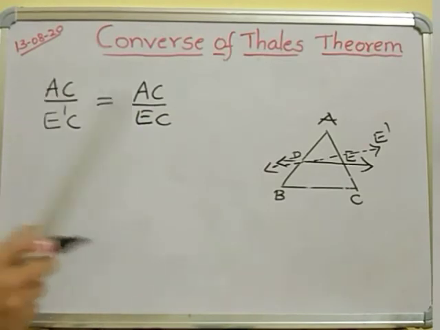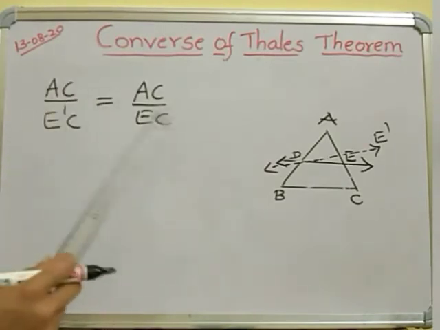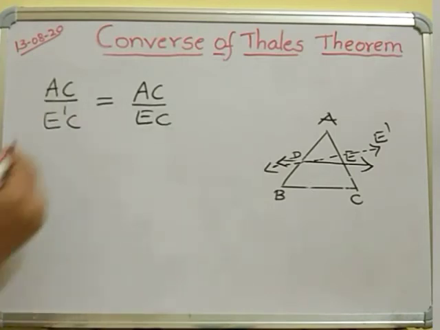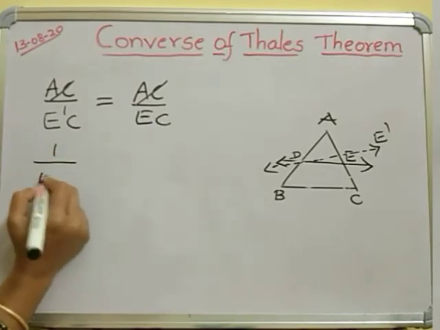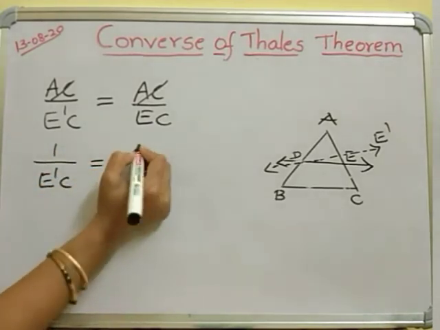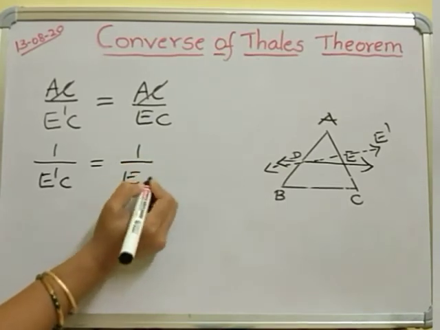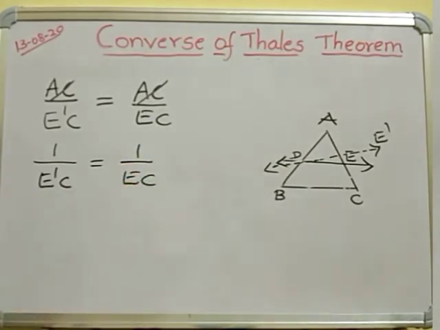Now look here. AC and AC both have a common numerator. So can we cancel that? Yes, no? Yes. So what is left over? 1 by E dash C is equal to 1 by EC. Now you can see 1 by E dash C is equal to 1 by EC.